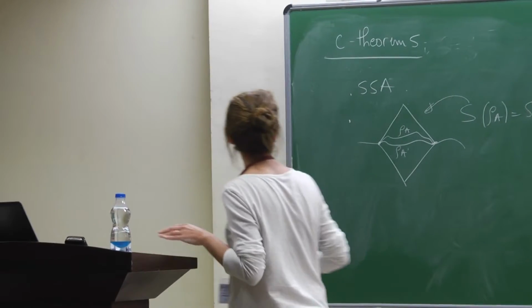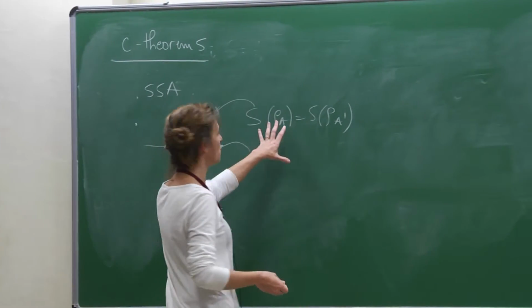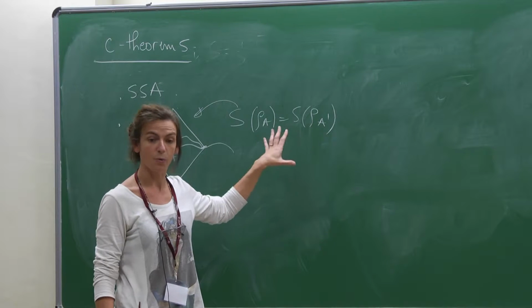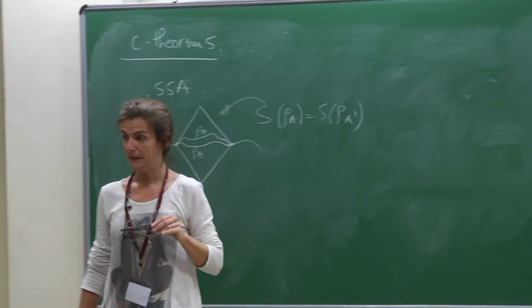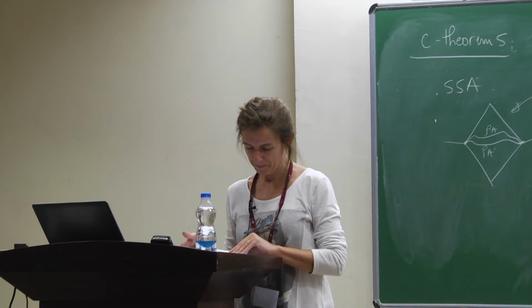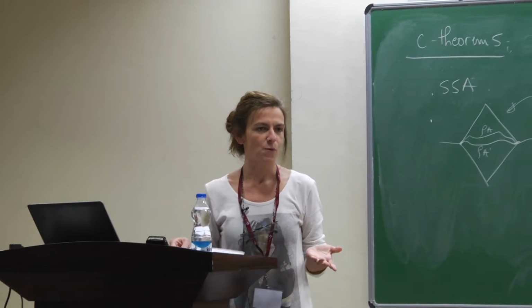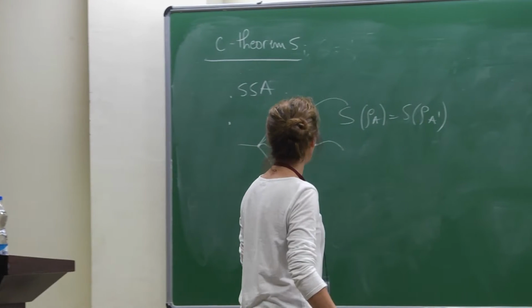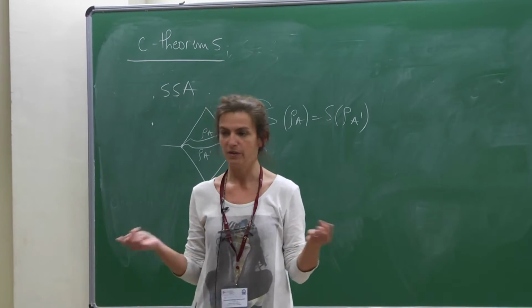So we are going to use these two things. This is due to unitarity, okay. So we need unitarity for this, and in 1+1 dimensions, we only have intervals, okay?